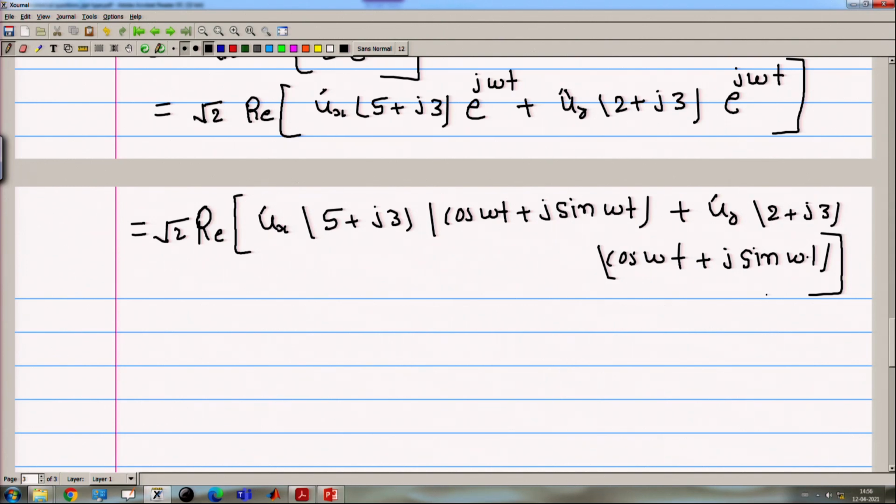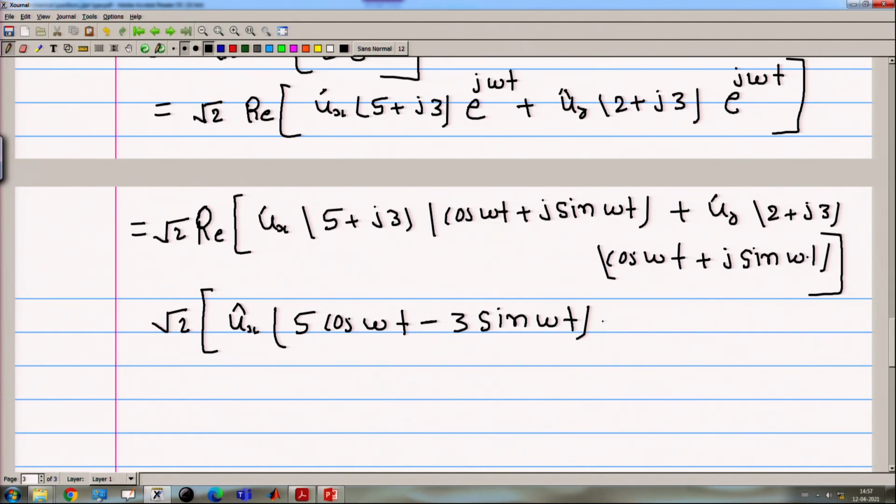So, here we can extract the real part. The real part will be root 2, outside in the bracket, ux (5 cos omega t, and here j square is equal to minus 1, so minus 3 sin omega t). So, this will be the only real component from the first part.